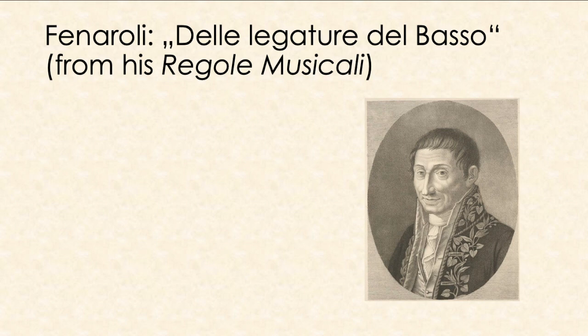And there is still more to know. In Fenaroli's Regole, you can find a paragraph called Delle legature del basso, concerning suspensions of the bass. Among the musical examples, there's one that is quite illuminating for our purposes.